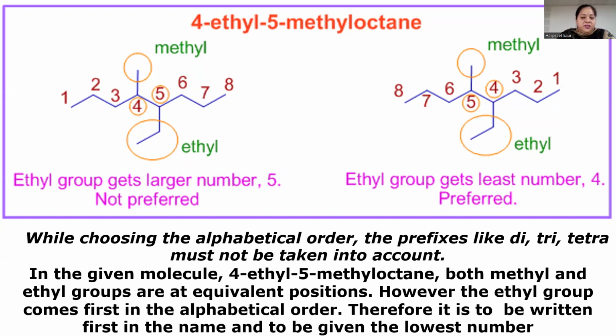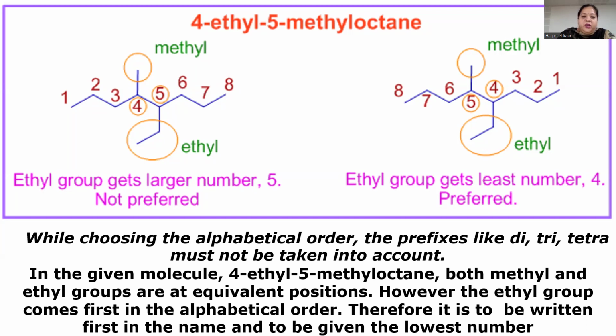If the locations are the same, then we are to consider the alphabetical order. The group which comes alphabetically first gets the lower number. And alphabetical order is to be decided on the basis of their names, not according to their symbols. If one of the substituents is, say, NH2 as the amino group in the prefix, we are not to consider its nitrogen as a symbol; amino, with A, is considered correct.